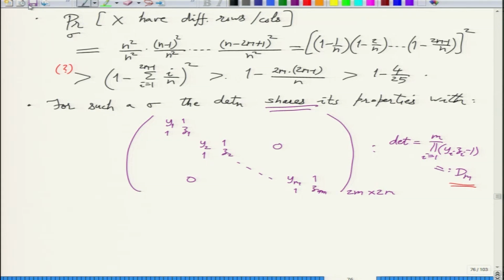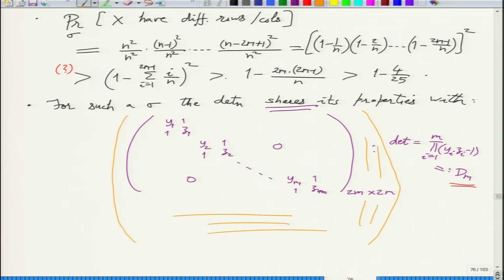Is that clear? To work out the details, you have to assume that sigma was fixing the other variables to random points. The thing I have skipped is that this is a bigger matrix, where here you have constants, and here also you have constants, and these are also constants and not 0.